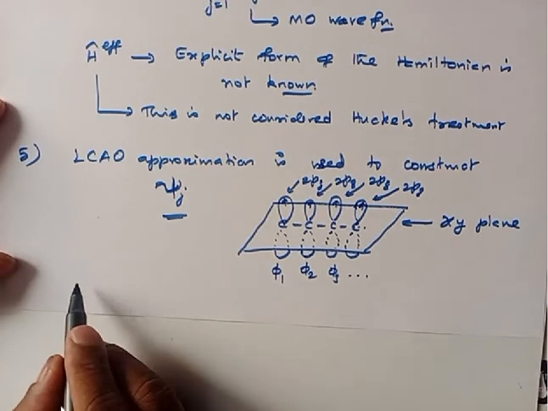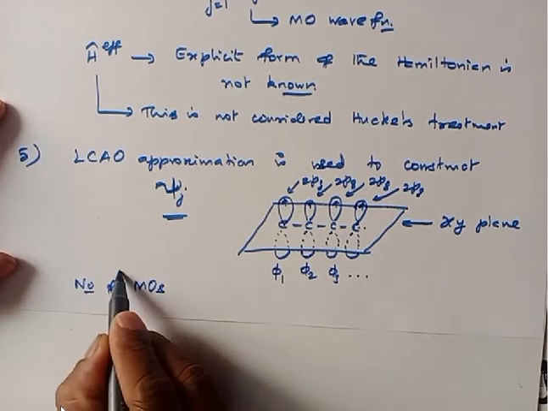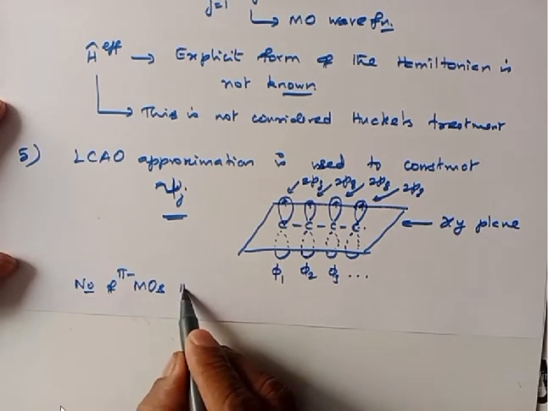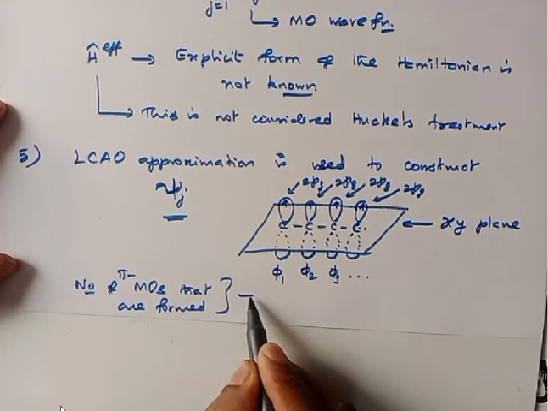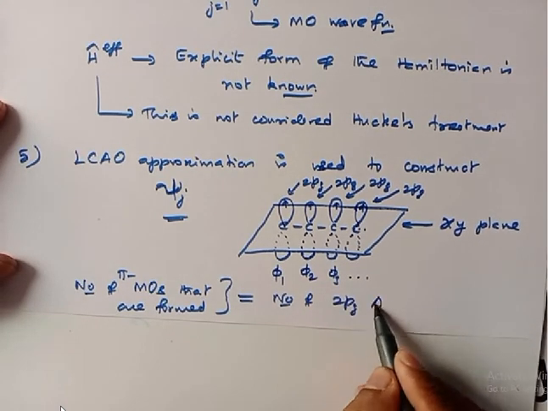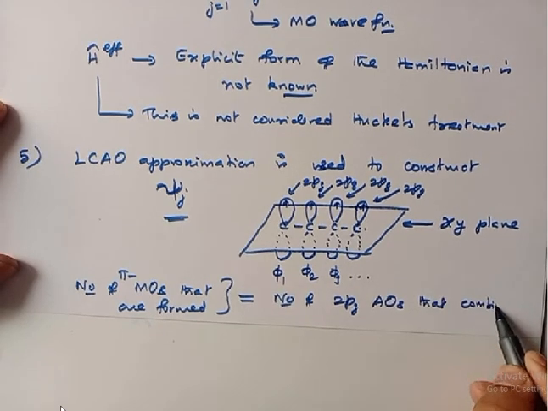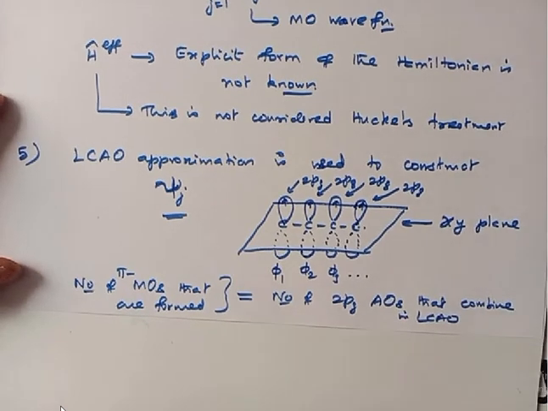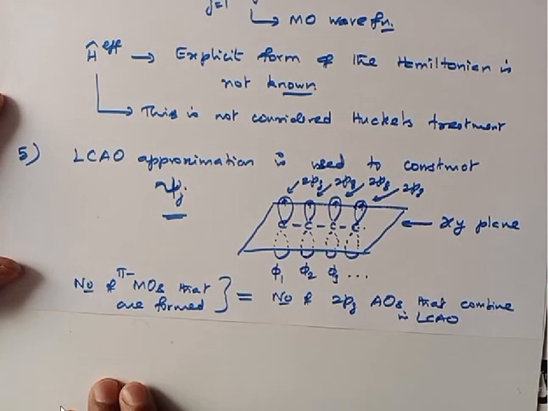So the number of molecular orbitals, or pi molecular orbitals in this case, that are formed is equal to the number of 2pz atomic orbitals that combine in LCAO. How many atomic orbitals combine, that many molecular orbitals are formed.